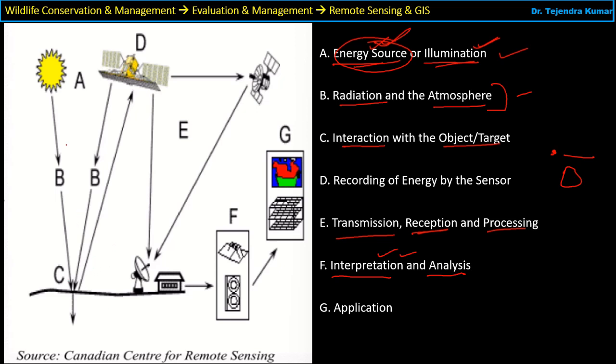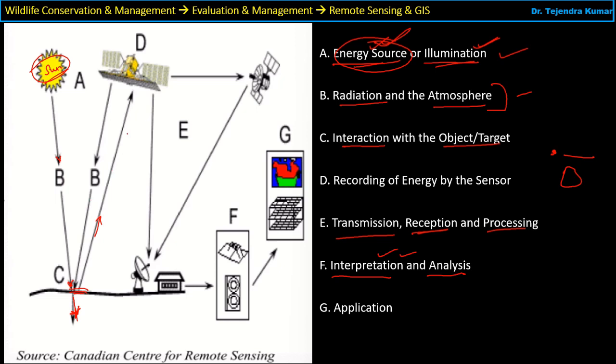So let's see, this is the sun, which is the illumination source or energy source. It is sending energy, or light, to the surface, and sometimes some energy is absorbed by the surface, and some is sent back.